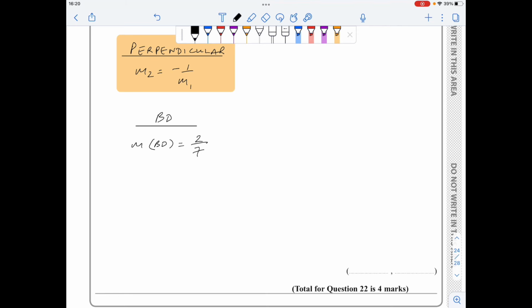and it passes through the point (6, minus 11), so y equals mx plus c is the equation of a straight line. Let's find c. Minus 11 equals 2 over 7 times 6 plus c. So minus 11 minus 12 over 7 equals c. c comes out to be minus 89 over 7.